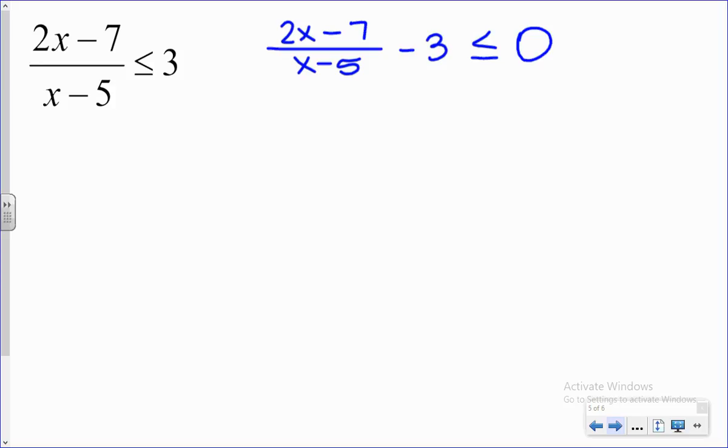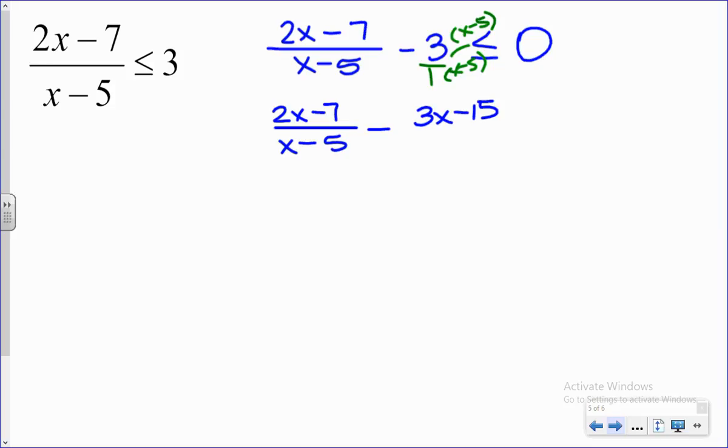Common denominators, all right? So we can multiply this 3 over 1 by x minus 5 over x minus 5. So 3x minus 15 over x minus 5. Okay. Now please be careful.